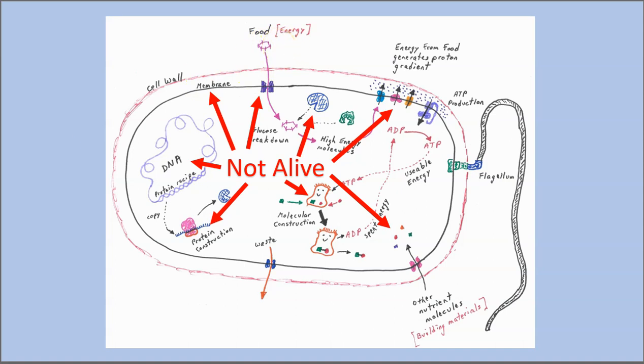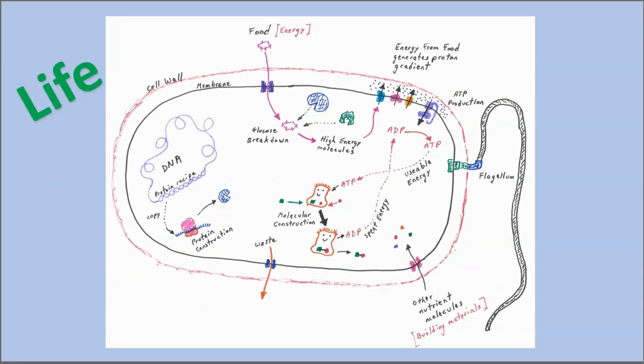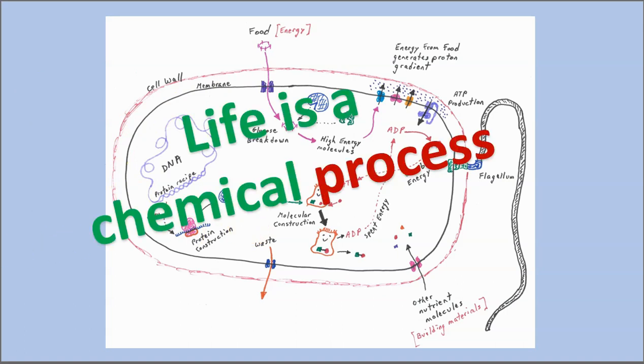So we've got a situation where cells are composed of non-living molecules, yet the whole cell is alive. It has all of the characteristics on that list that we learned about. And that's what life is then. It's this self-sustaining chemical system capable of Darwinian evolution. Life is a chemical process.